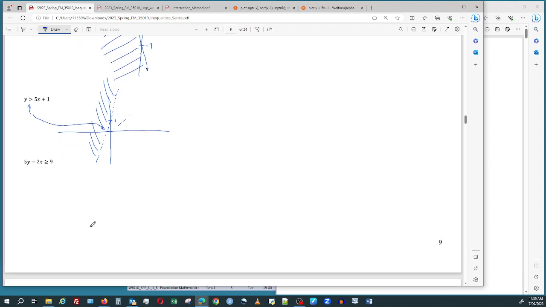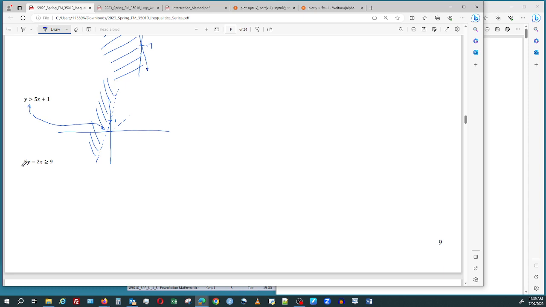Alright, so the next one is 5y minus 2x. So what are we thinking about that? Again, it's not in the right form, is it? It's in general form.